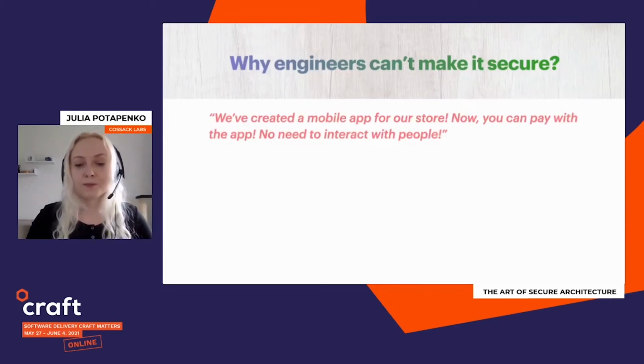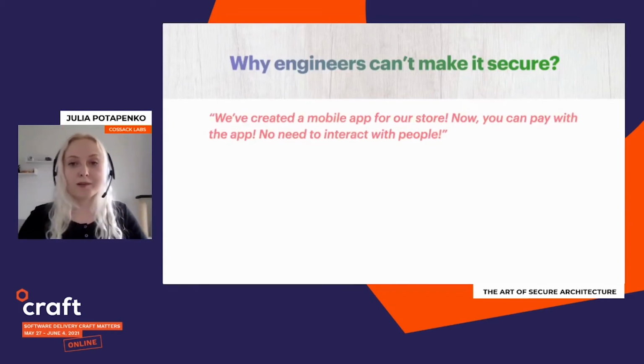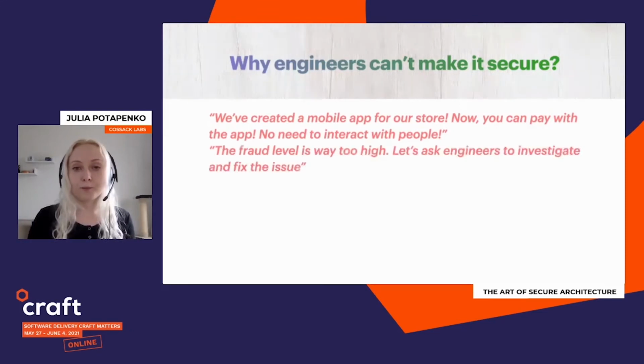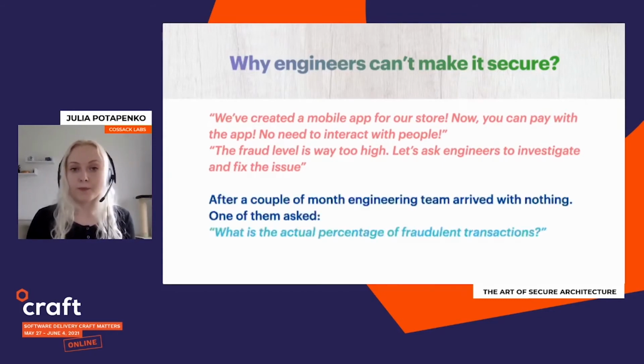It's about one mobile application. The company created a mobile app for their store, so the users can pay with the app with no interaction with other people. And then stakeholders discovered that the fraud level was way too high. And they asked software engineers to investigate and fix the issue.